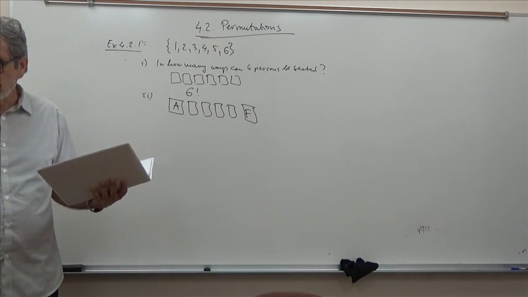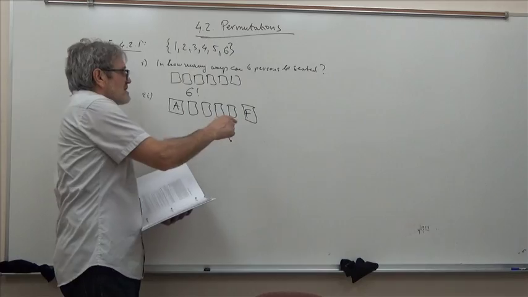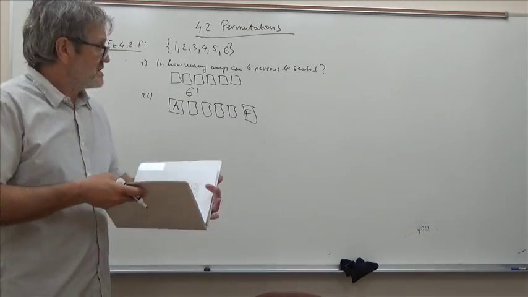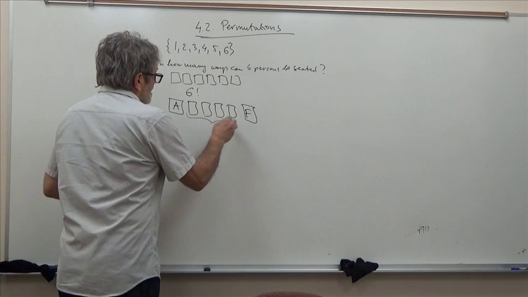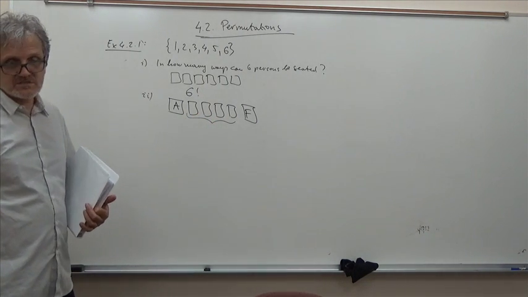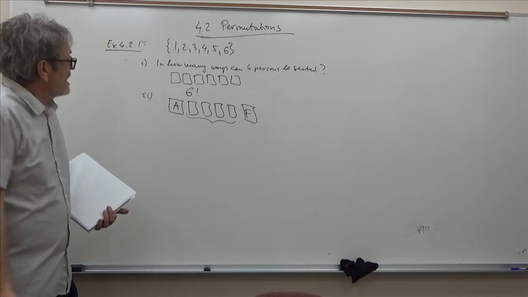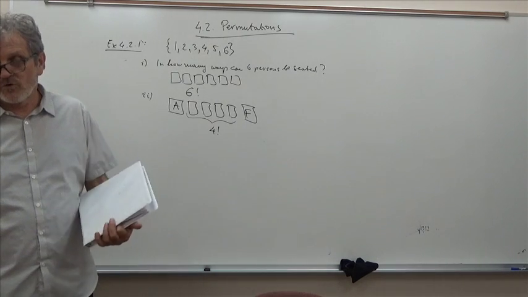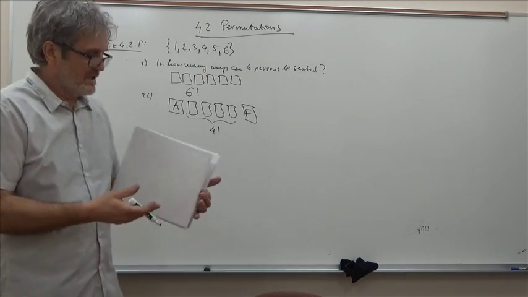These 2 persons just sit there, no variation there. So the only thing you can choose is how to seat the other 4 persons on these 4 seats. So what's that? A short version of the previous problem. So it's 4 factorial. 4 persons, 4 seats. So that was easy.